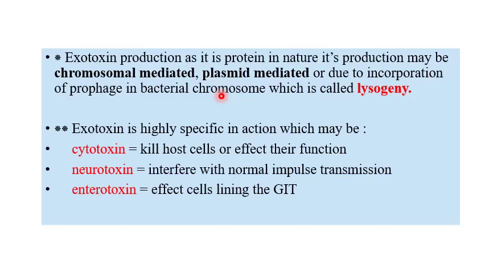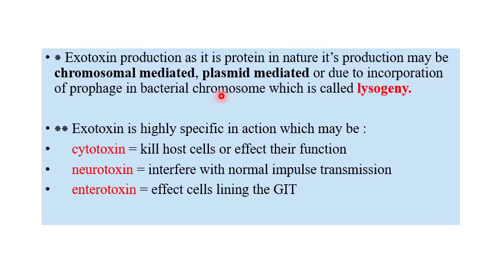This gene بقى ممكن يكون tox gene، هو اللي بيخلي البكتيريا تبقى قادرة enables the bacteria to produce the toxin, the exotoxin. If this prophage is not present in the bacterial cell will not be able to produce the toxin.